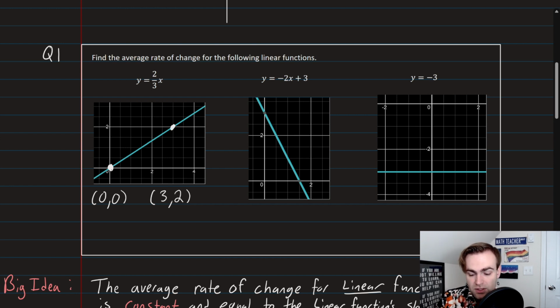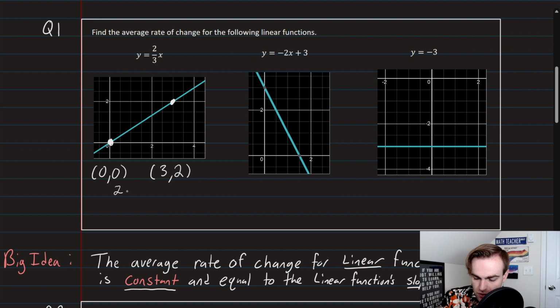To find the average rate of change, we take the difference in the outputs and divide that by the difference in the inputs, so 2 minus 0 over 3 minus 0, which is just equal to 2/3, which just so happens to be the slope of the line defined analytically.